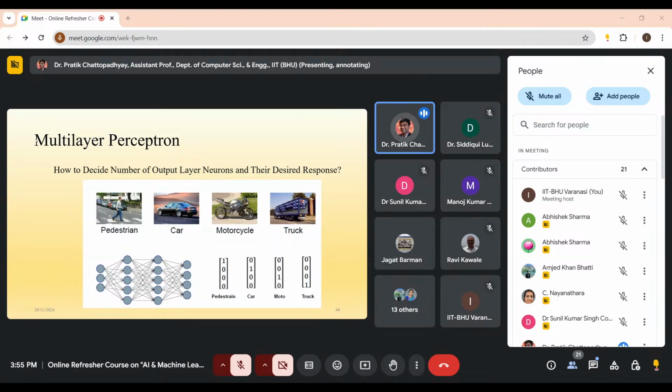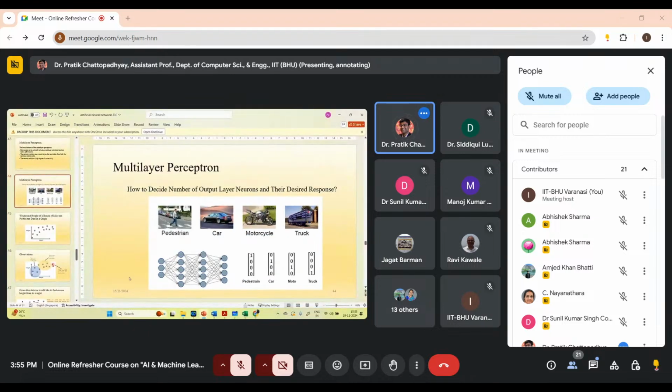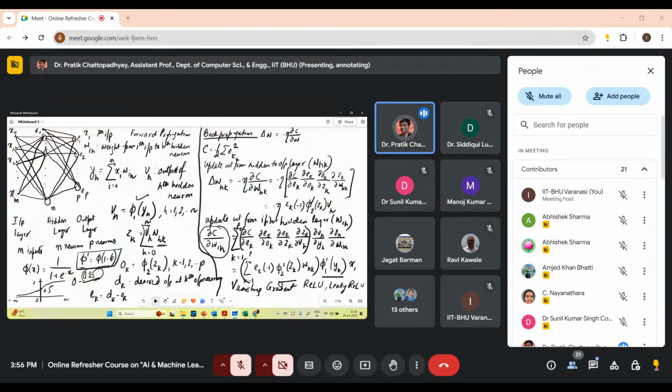So it's there in my slide. So basically, what we are doing here, this C equals half EK squared, the summation of squared errors. So this is basically an estimate of the cost function. We are saying when we feed one pattern, we are getting some error at the output neuron. So the cost function, if we write C as a function of the weight vector, how C varies with respect to W, that we do not know. It can be some curve like this.